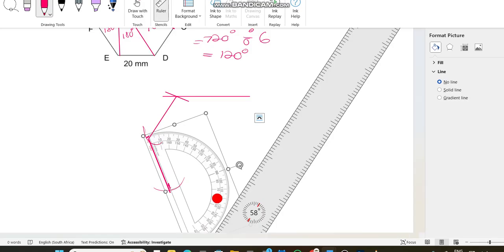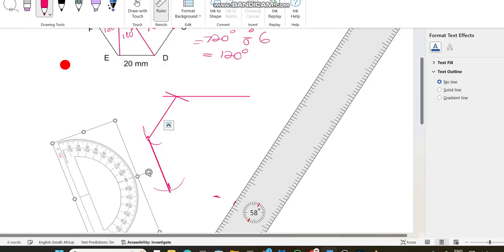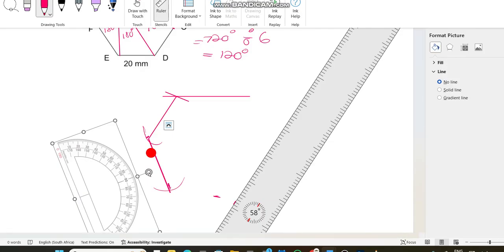So make sure I've got the 120 degrees there. And then once again, take your passer, do that, and then draw your 20 millimeters line. Well, you understand what I mean?